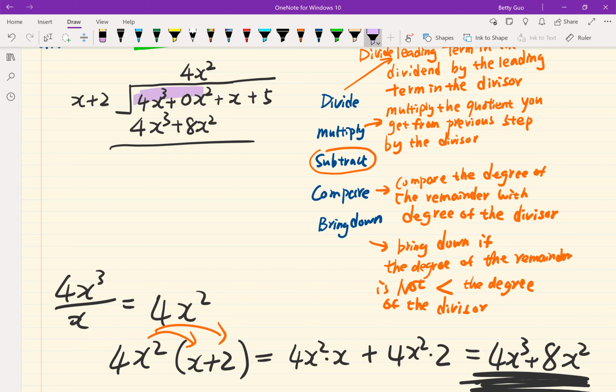The two terms in orange, both of them are positive, right? We change the sign and write them as negative. And then we add them up. So for step 3, subtract: instead of subtracting vertically, we change the sign in the product, and then we do the addition. Am I clear? Everybody, am I clear? So how's it go?